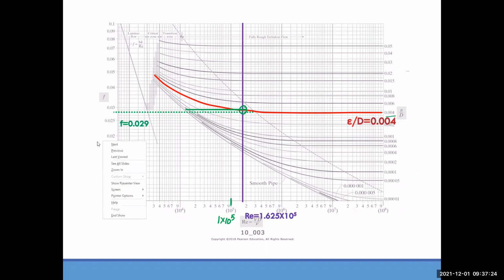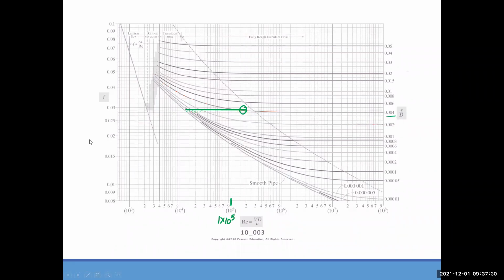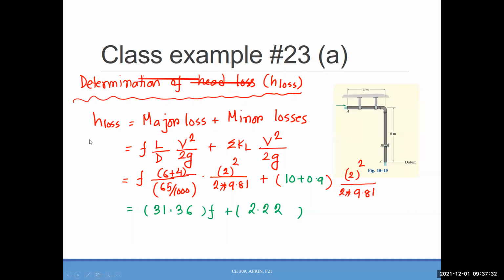So I will go back to that equation 1 here, and I will use 31.36, 0.029, plus 2.22.